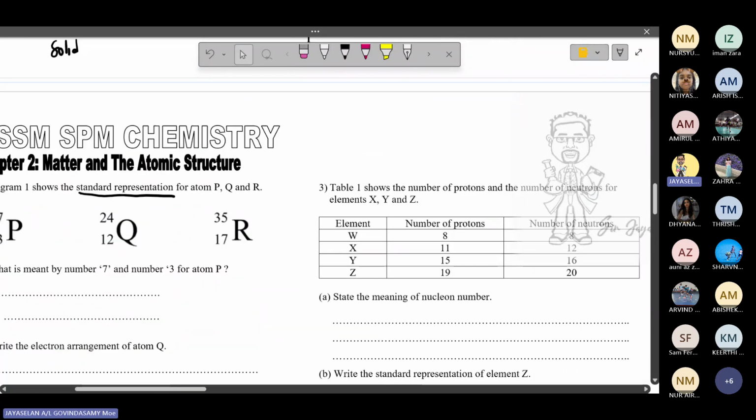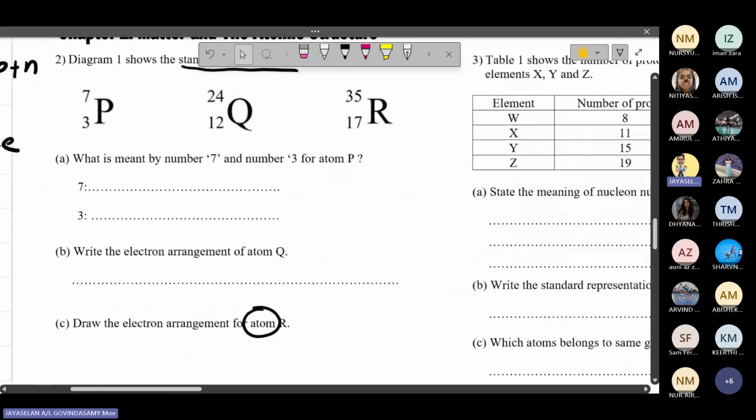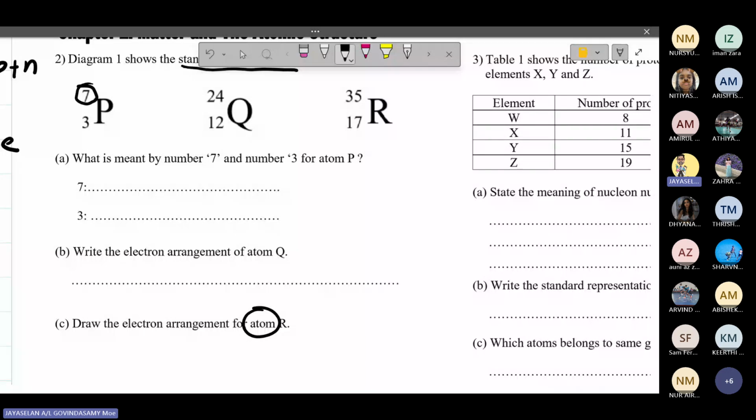Okay, now we try to answer this question. The number 7 of atom P, this represents what? Basic question. This kind of question will come out in the exam. Basic question, but a lot of students will make mistakes. So you must put, this is called what? Nucleon number. This one I do.